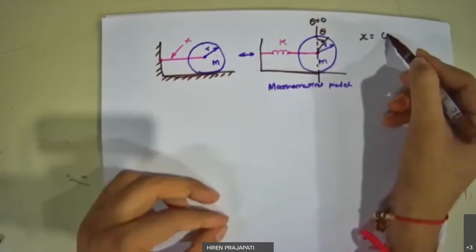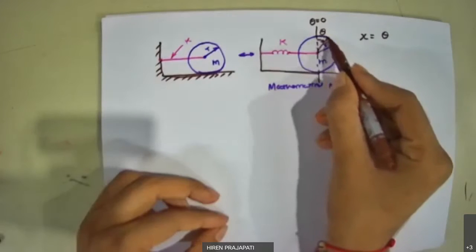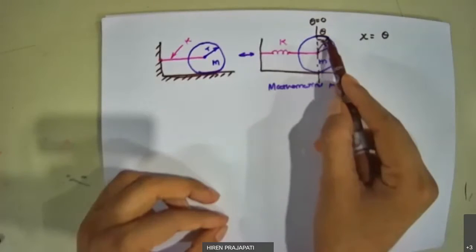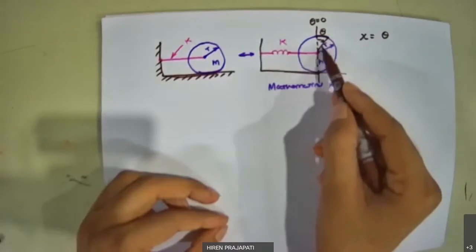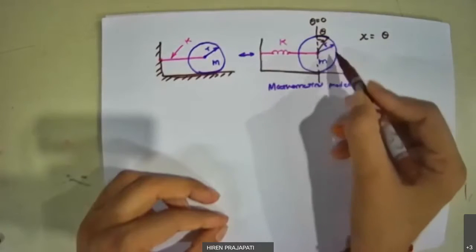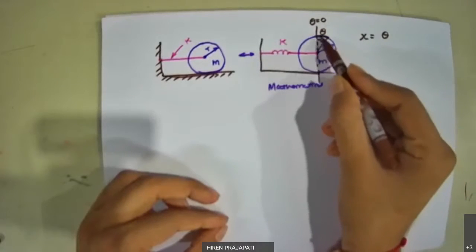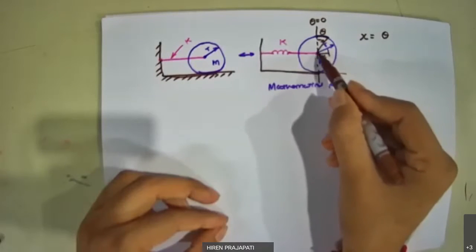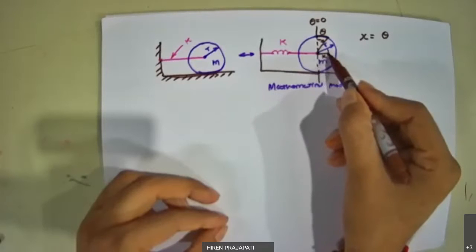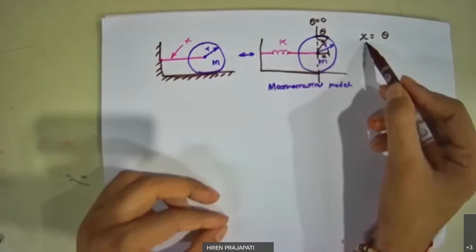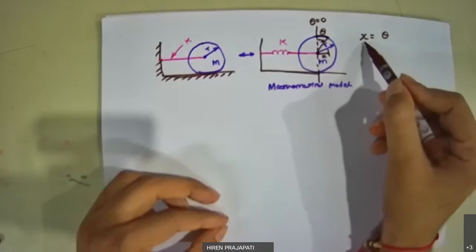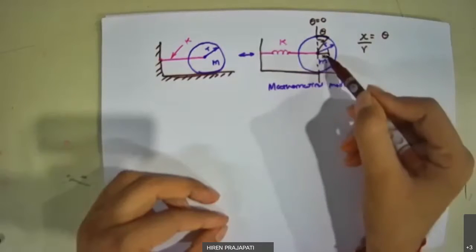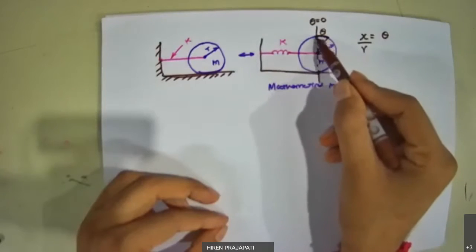Because angle is equal to arc. Suppose you assume this is a segment of the circle. This much of the segment is traveled by this disc, and x is the movement of the center of the disc due to this theta rotation. The center shifts by some distance x, so theta equals x by r, because this arc is also x.